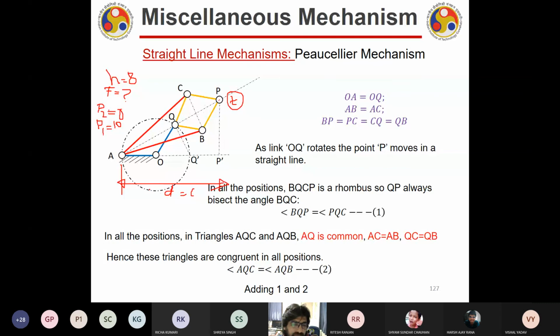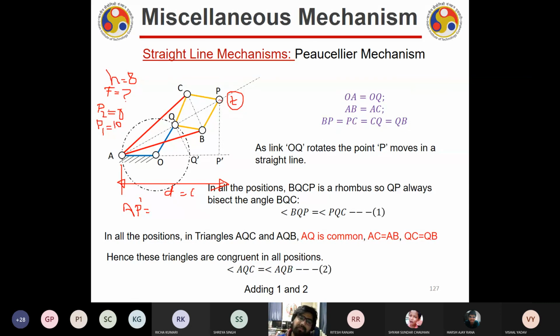I need to prove that the distance AP dash is a function of fixed linkages. If I could do that, then it will prove that AP dash is a fixed length.